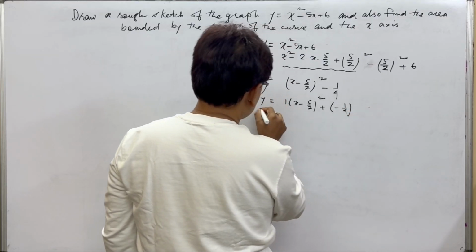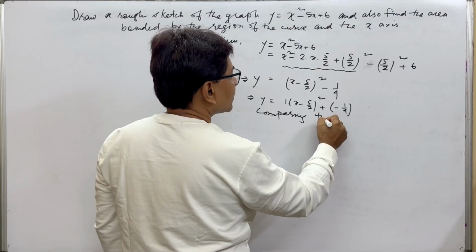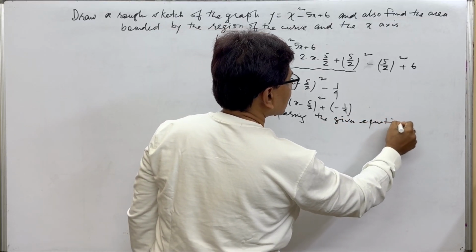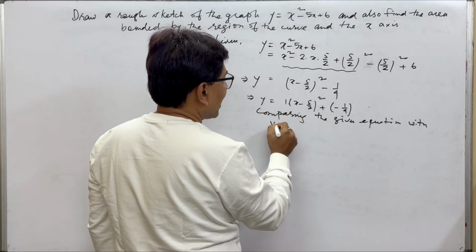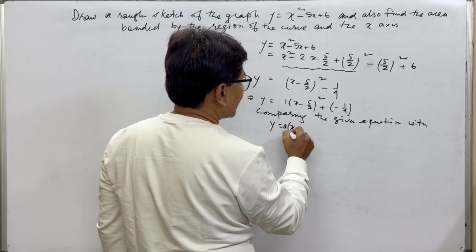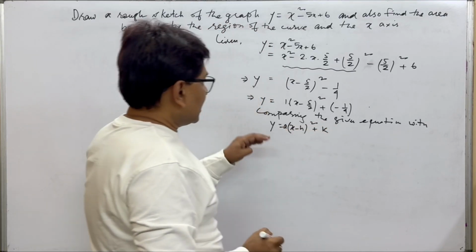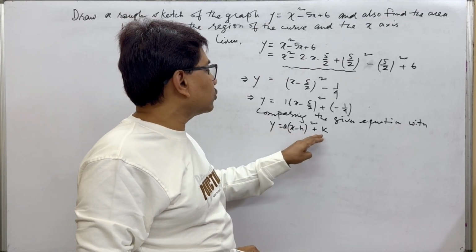Now comparing the given equation with y equals to a under bracket x minus h whole square plus k.